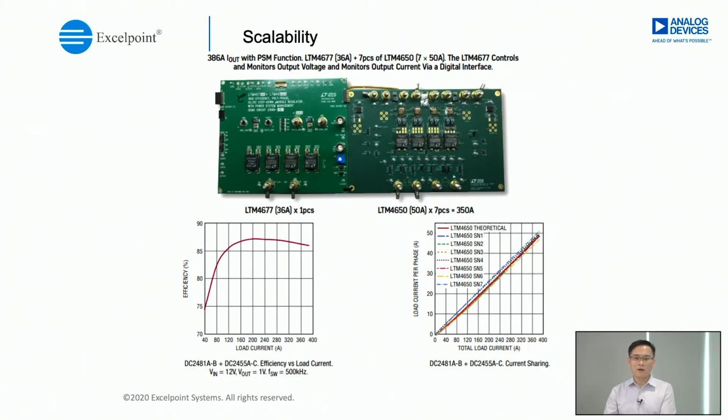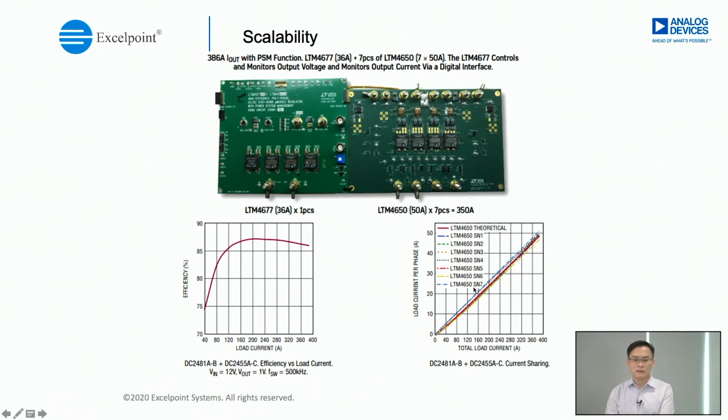And also, µModule is a solution that can offer you higher scalability. So for example, you can see from here, this is an illustration. For example, we have LKM4650 µModule, which can deliver 50 ampere per channel. So on this board itself, we have about 7 pieces that can deliver up to 350 ampere.